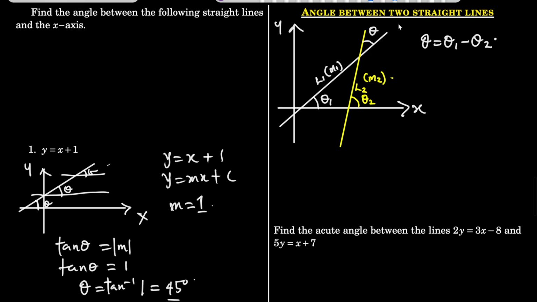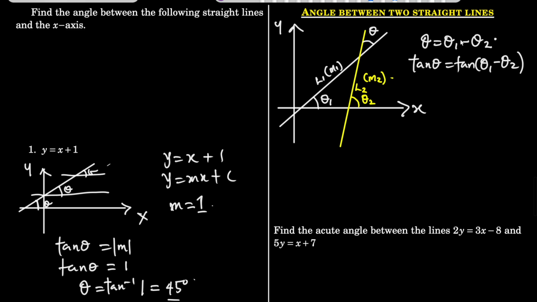Now, for those that have strong knowledge of further mathematics, we take the tangent of both sides. We have tan theta is equal to tan of theta 1 minus theta 2.